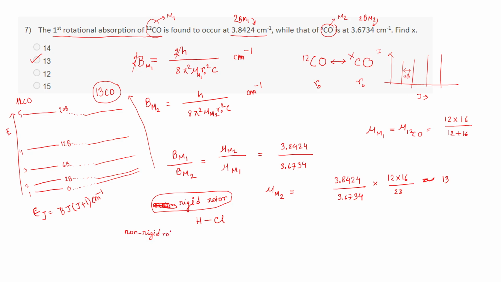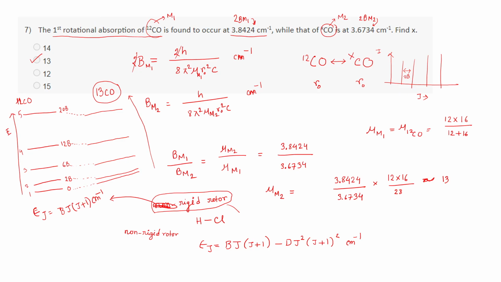There the energy for the rigid rotor is this, and here you are going to see another term, D into J squared, J plus 1 squared. I may be wrong, please check with the lecture notes.